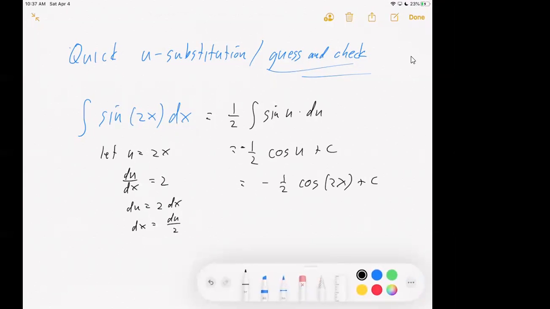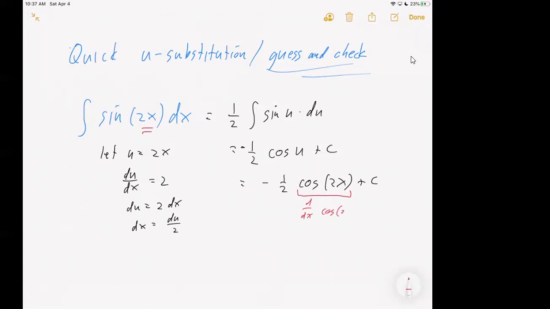We could have done that faster, sort of with a guess and check. The way I check if an answer is right is I take the derivative, all right? So when I look at this, I know that the antiderivative will have a cosine of 2x. So when I turn around and take the derivative of that part, I'll have a negative. Oh, we had the negative there, so let's bring that negative in.